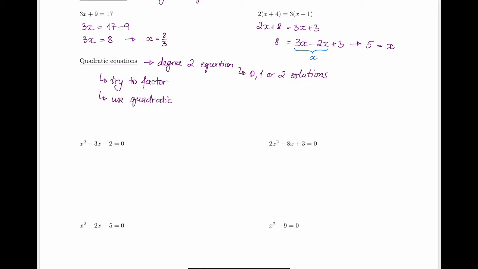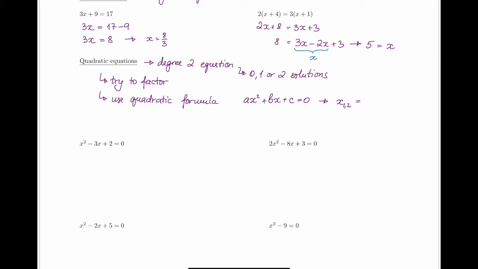So for those of you who don't remember what the formula looks like, here it is. If I have a quadratic equation, ax squared plus bx plus c, where a, b, and c are coefficients, then there are potentially 2 solutions. I'm going to call them x1 and x2.